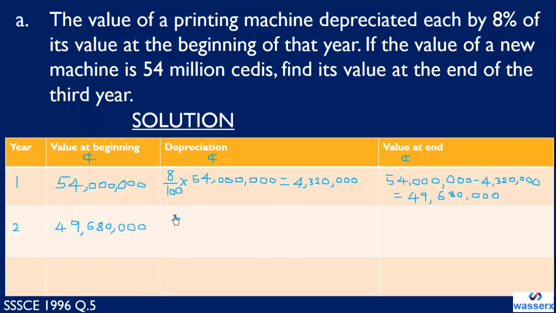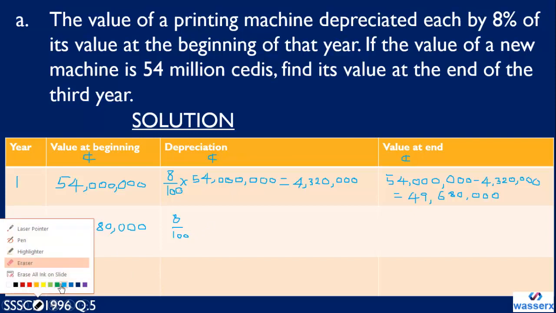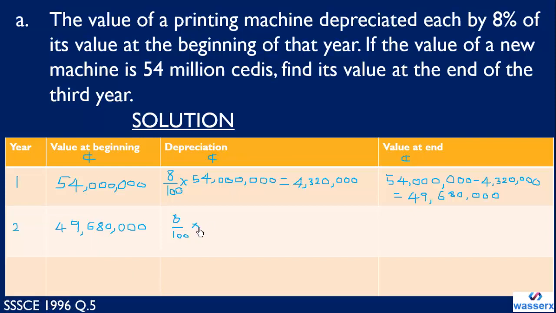So the depreciation is calculated on this value, applying the same rate again. We have 8 over 100 times 49,680,000 Ghana cedis. So this gives us 3,974,400.